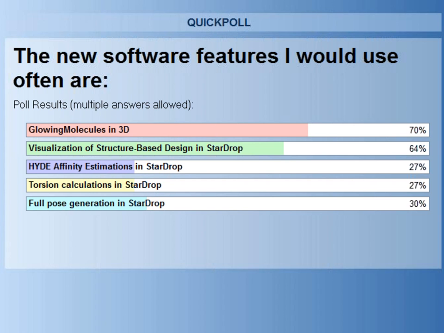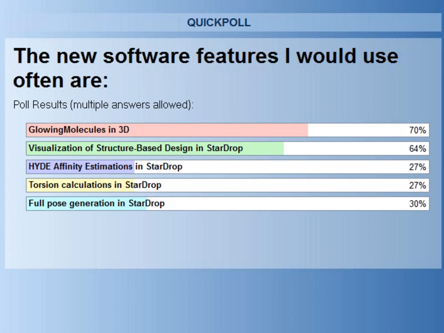Wow, that's pretty impressive feedback that I'm going to show you in a few seconds. Still heavily being responded to here. So I'm closing in 5, 4, 3, 2, 1 now. Conveying this: glowing molecules in 3D is definitely the winner.